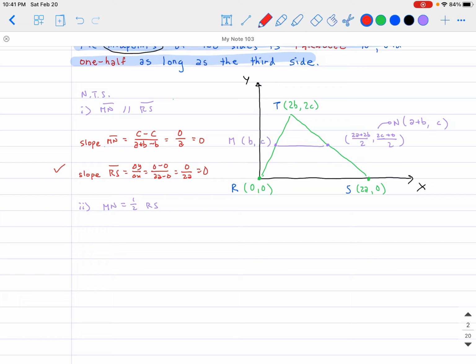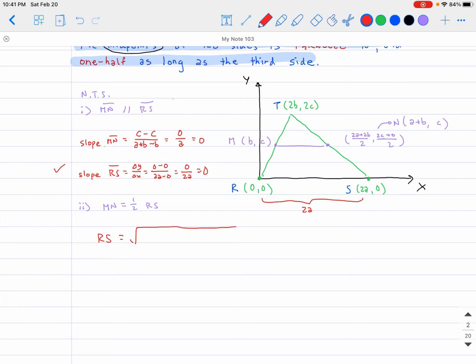We'll find out. This one, we're probably going to have to use the distance formula. But if you can see it, you can figure out the length according to the picture. The length of RS, if you were to just look at it, is going to be equal to 2A because horizontally you move that much from R to S. But let's just say for the sake of argument that you didn't see that and you want to use the distance formula.